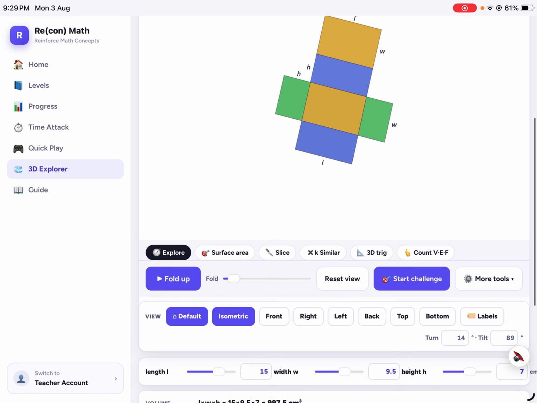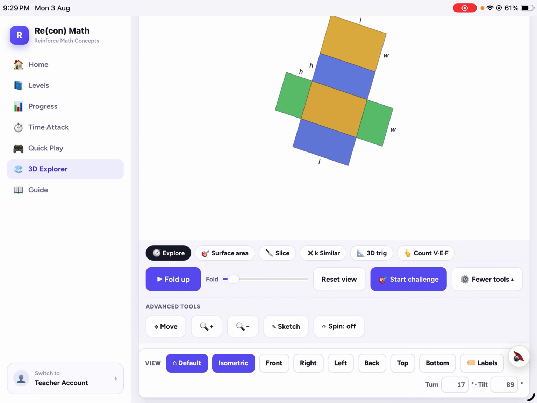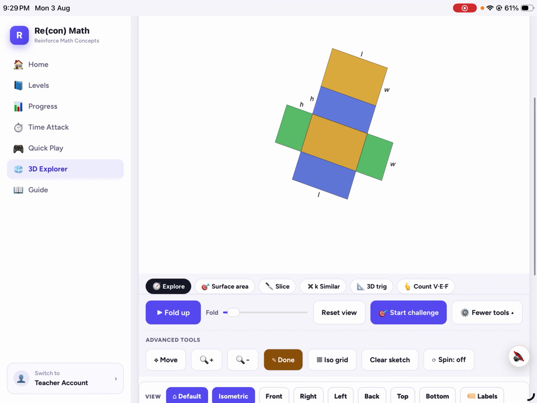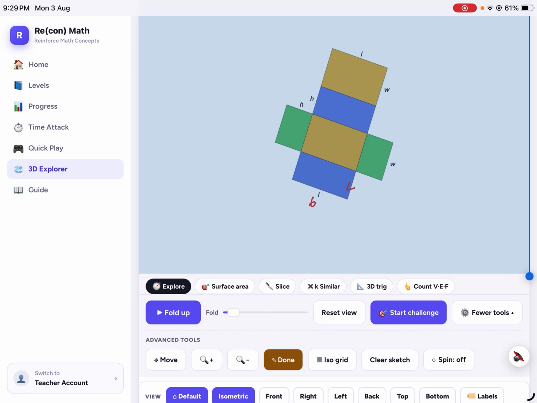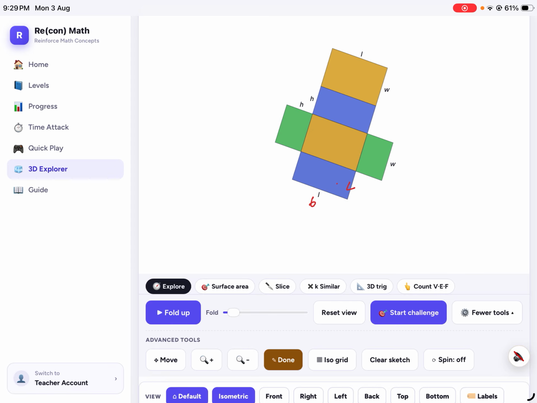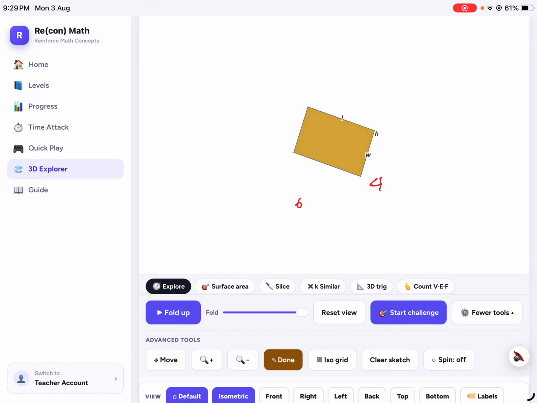From here, I click Tools, then Sketch. So 6 by 4 by 5. So the height is 5. Let's say I fold up and I clear sketch.